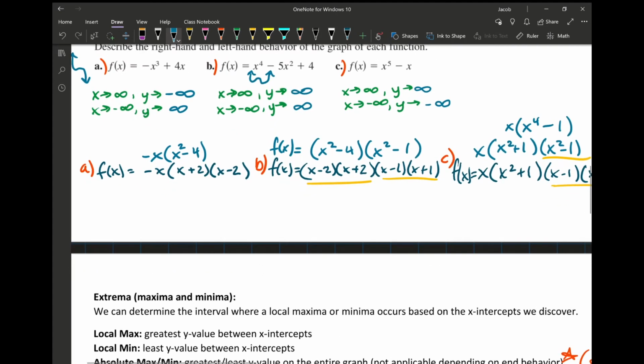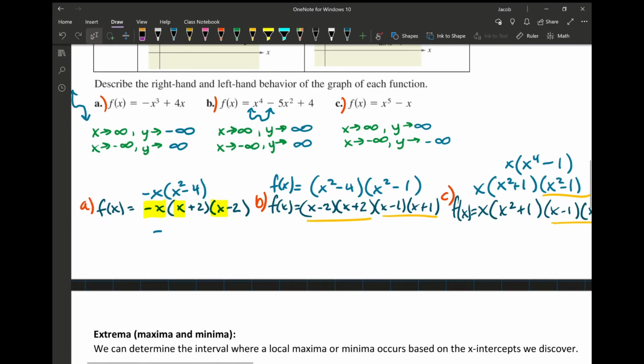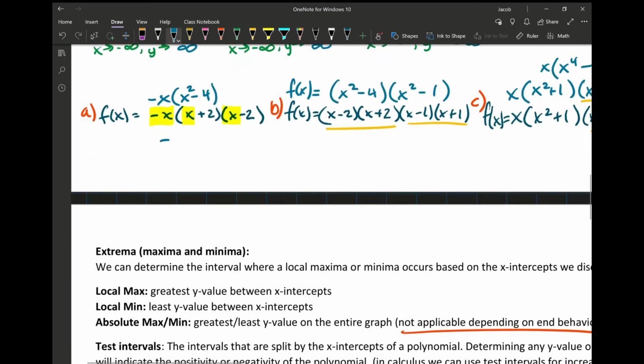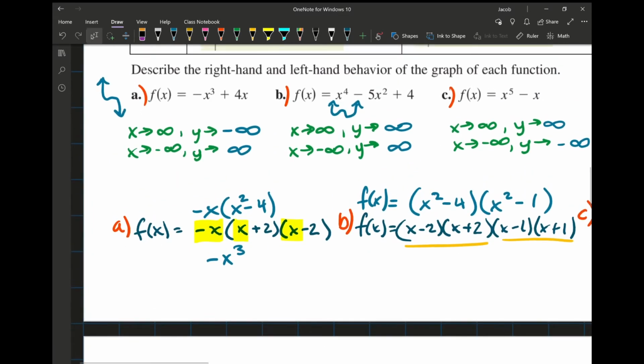And we should be able to tell that from our factored forms as well. If we pay attention to what contributes to the leading term, so if say we didn't have these lovely standard form equations and we only had the factored forms, if we pay attention to the variables in each factor which contribute to the leading degree, then we see negative x cubed, and we'll end up finding the same result that we did in the standard form case.